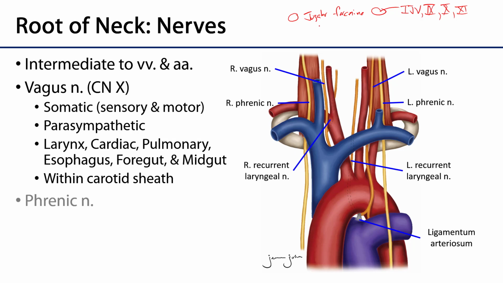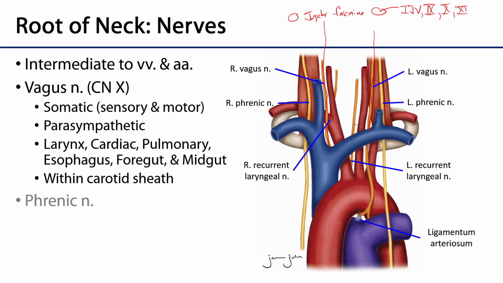But coming down within the carotid sheath is the vagus nerve. We can see that traveling down there. We can also see the left vagus traveling down there. The vagus are going to be relatively medially located, but still think of them as strong carotid sheath contents.